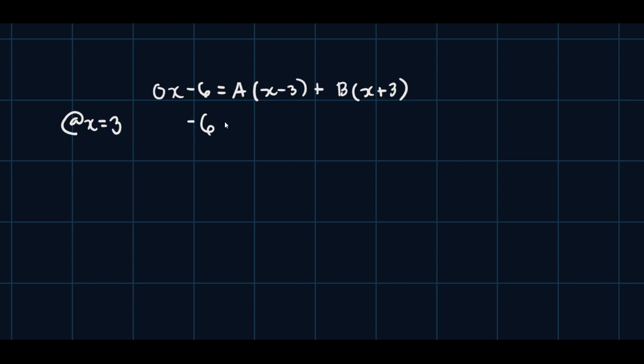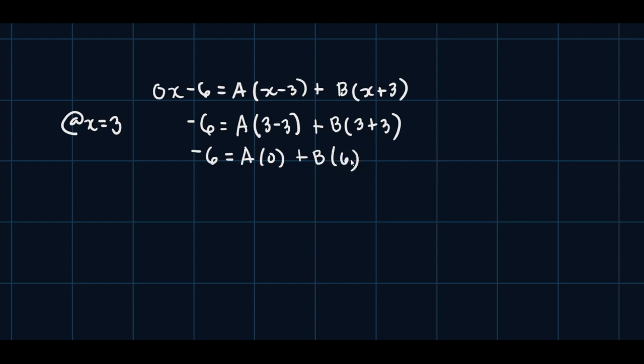Tapos, yung right-hand side natin, it's a times 3 minus 3 plus b times 3 plus 3. So we have here negative 6 equal to A times 0 plus B times 6. Now, since this is 0, magsi-0 itong part na to. So, negative 6 equals 6B and B equal to negative 1.